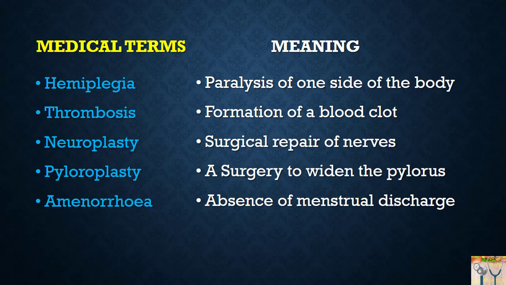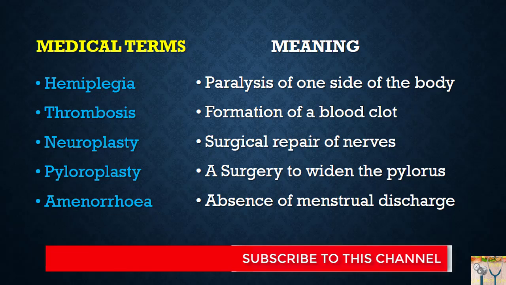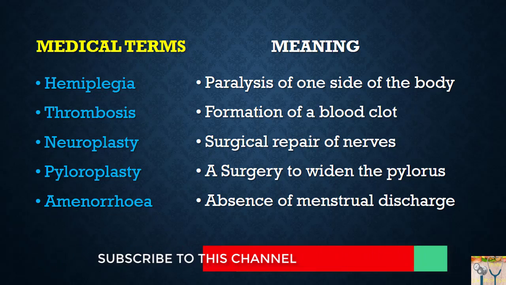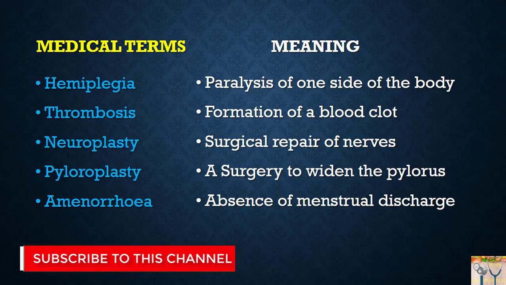Hemiplegia actually refers to the paralysis of one side of the body. Hemi means half. Thrombosis is the formation of blood clots. Neuroplasty means a surgical repair of the nerve. Pyeloplasty is a surgery to widen the pelvis of the kidney. Amenorrhea is the absence of menstrual discharge.